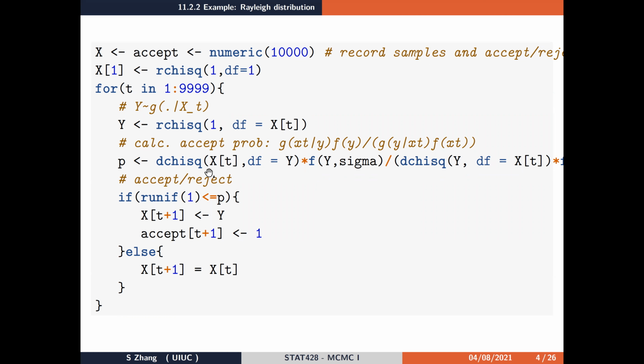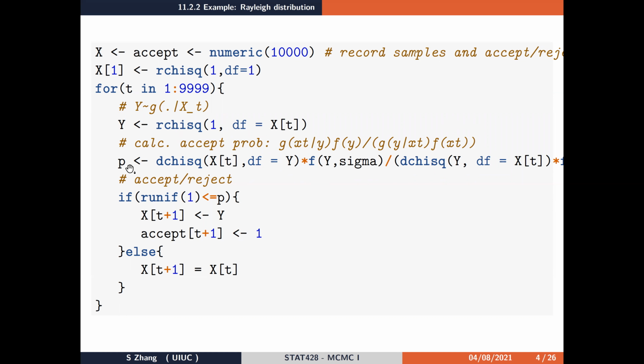That's given by g(xt | y), which is the chi-square density of xt when this is a chi-square distribution with y degrees of freedom, times f(y), which is the Rayleigh density of y, divided by g(y | xt), that is the chi-square density evaluated at y when the degrees of freedom is equal to the last xt, times f(xt), which is the Rayleigh density evaluated at the last xt.